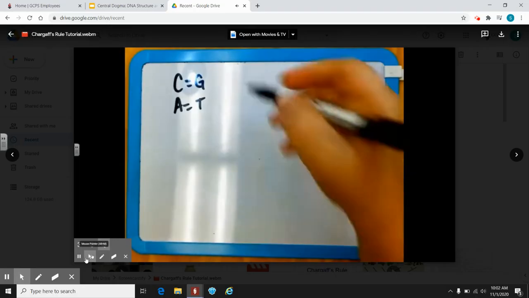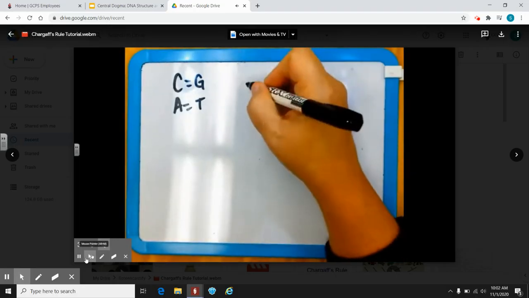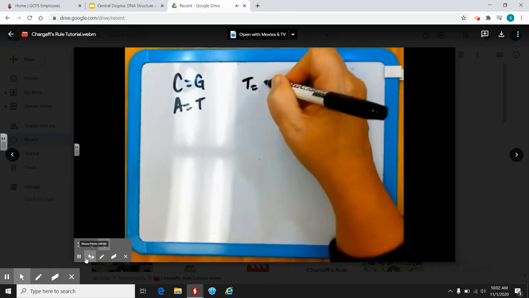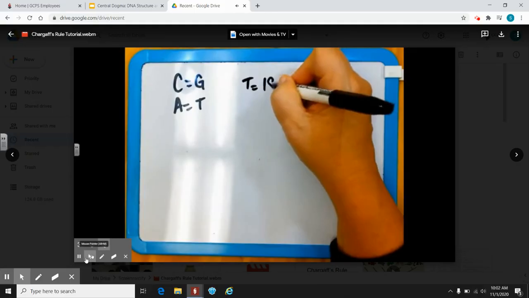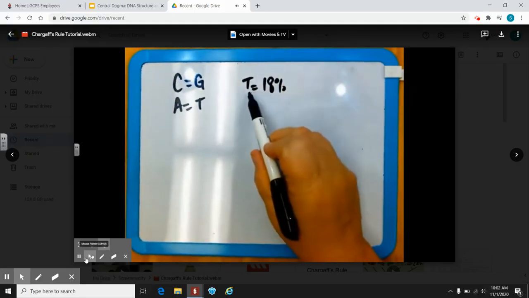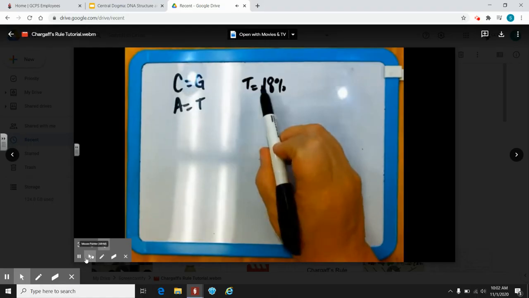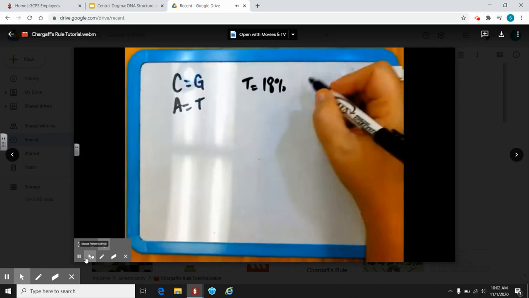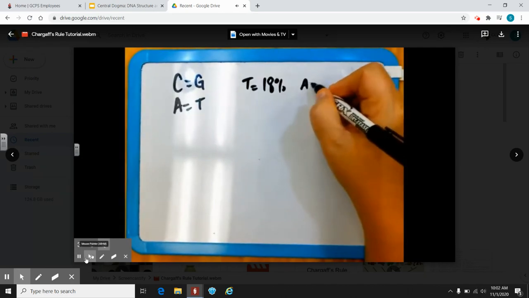Okay, so let's say T equals, let's say, 18%. Okay. So if T equals 18%, because of Chargaff's rule, A must equal 18%.